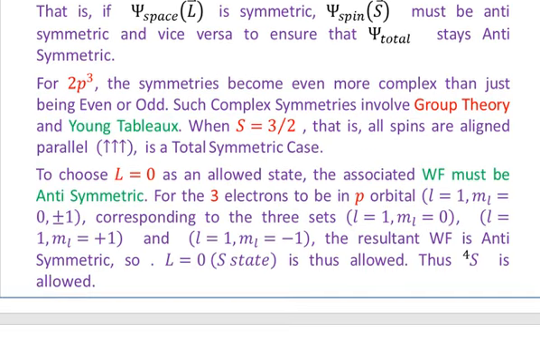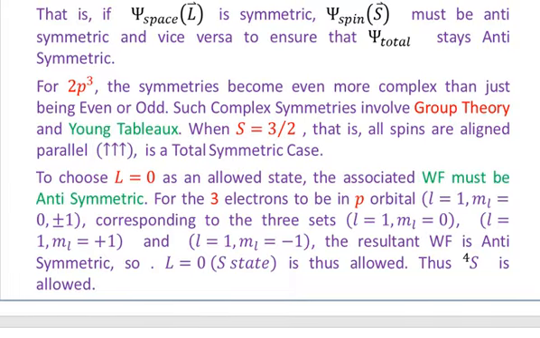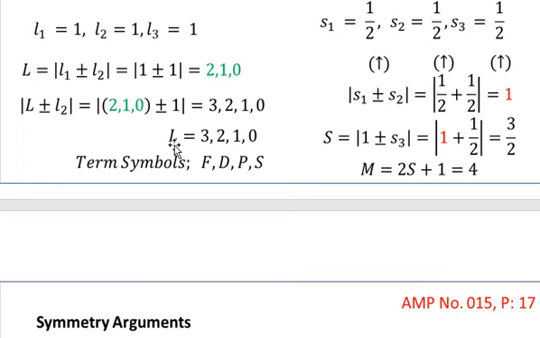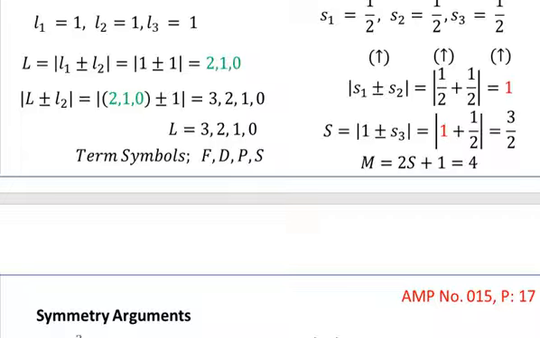Now let's make a selection and choose L equal to 0. That is, whether L equal to 0 is allowed or not allowed for our 3 electron system. When we are discussing our 3 electron system, we know that the total values of capital L will be equal to 0, 1, 2, 3, and so on. Here I am going to check whether capital L equal to 0 is allowed or not using the symmetry arguments.